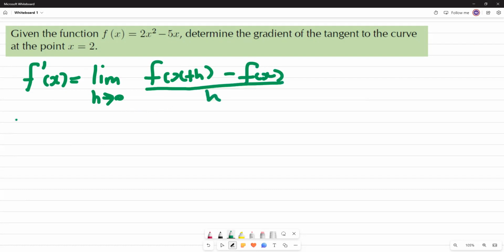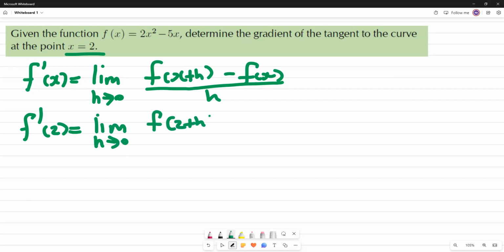So we're looking at f prime at 2. We're replacing all x values with 2 now. So where there was x, I'll put 2. Limit as h approaches 0 of f at 2 plus h minus f at 2 all over h, right?